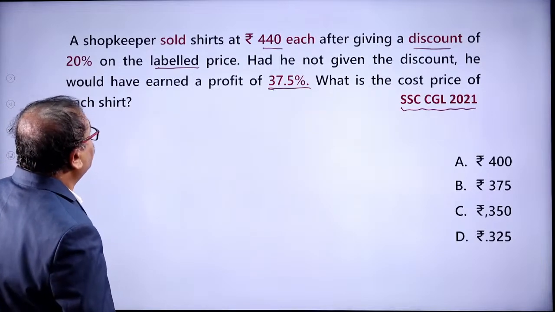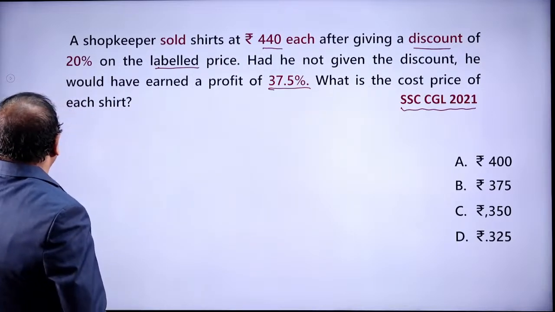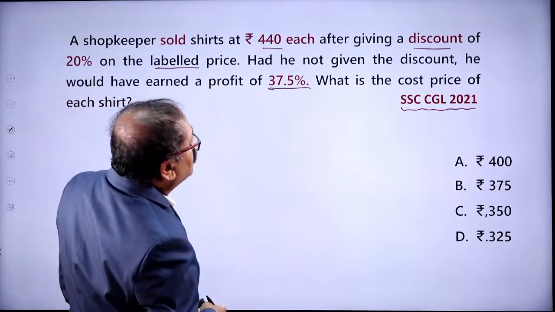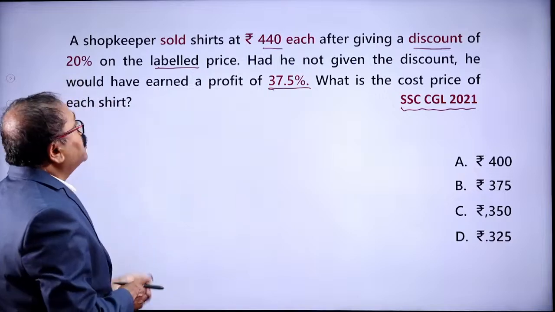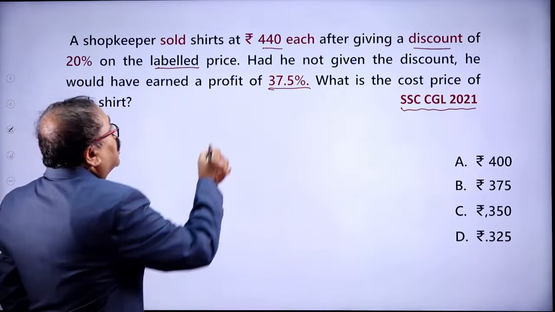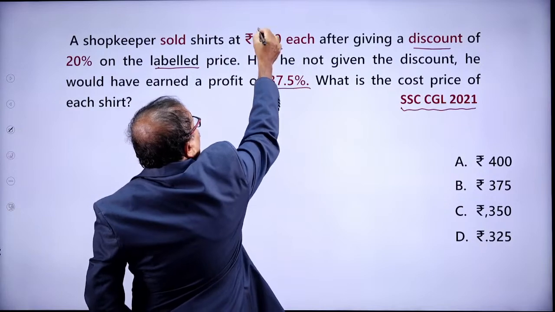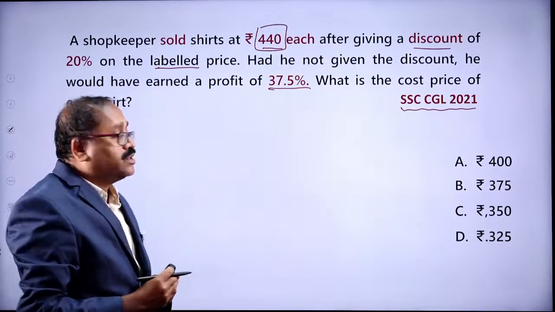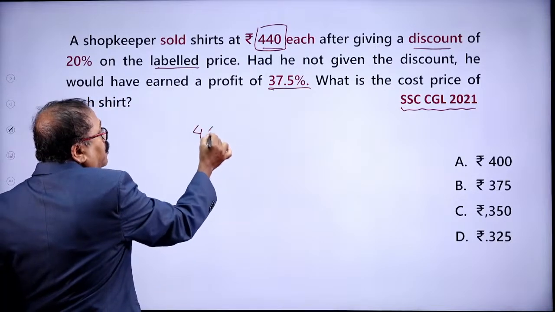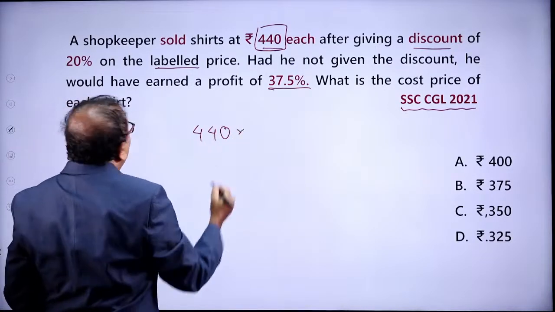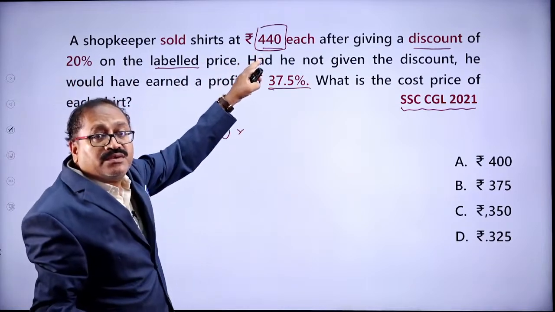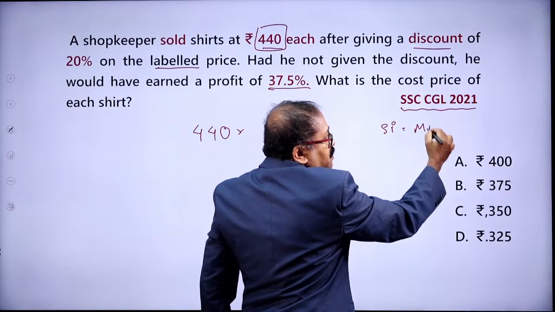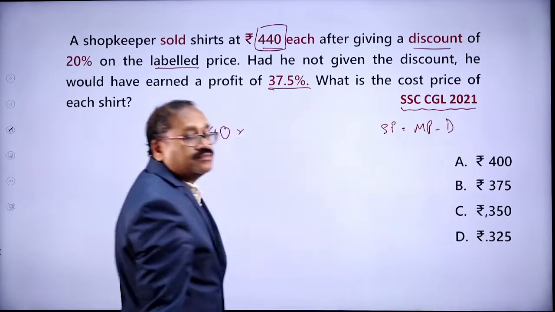15 seconds is up. Now, look at this part. Here, you are giving a discount of 20%, and your selling price is 440. What is your mark price? We know the selling price is equal to mark price minus discount.